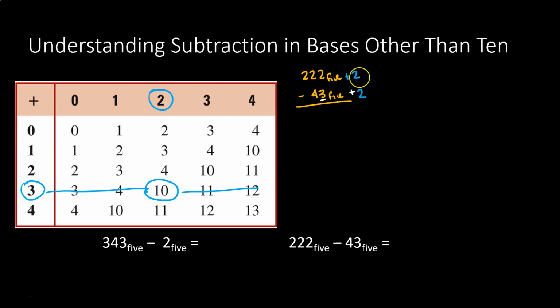So I'm going to add 2 to both numbers. That's going to give me the new problem that says 5, 0, base 5, because 4, 3 plus 2 looks like 5, 0. And then 2, 2, 2 plus another 2, that turns into 2, 2, 4, base 5.